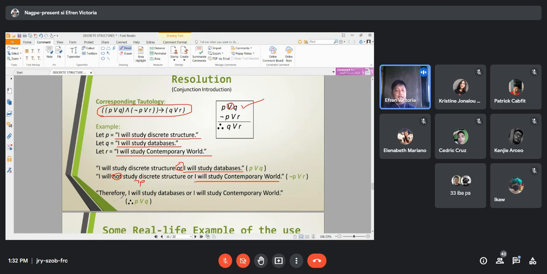So, therefore, yung conclusion natin, I will study databases, based dito sa first premise natin, or I will study contemporary world. Kumbaga sa elimination, in-eliminate ang option niya sa second premise natin. So sa conclusion, wala na siya. Dalawa na lang pagpipiliin niya, is database or contemporary world.